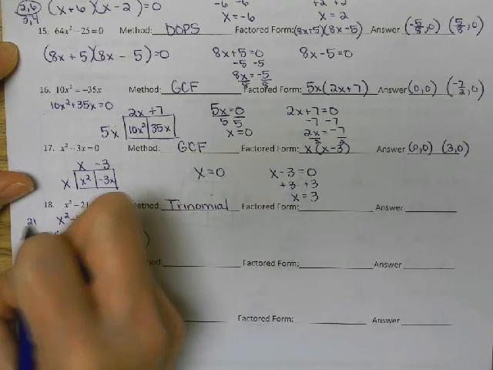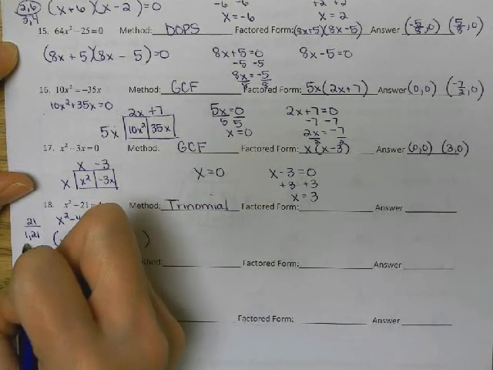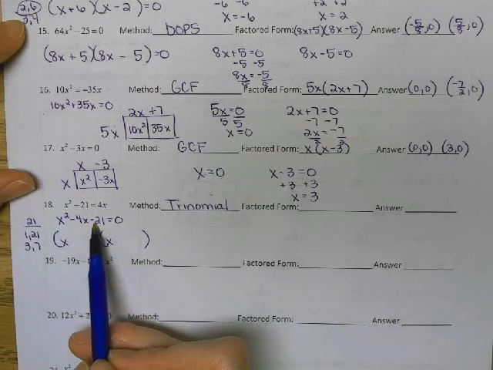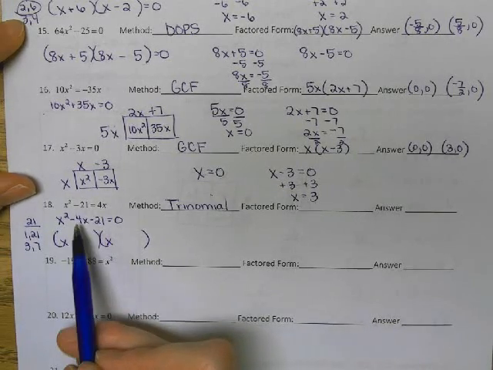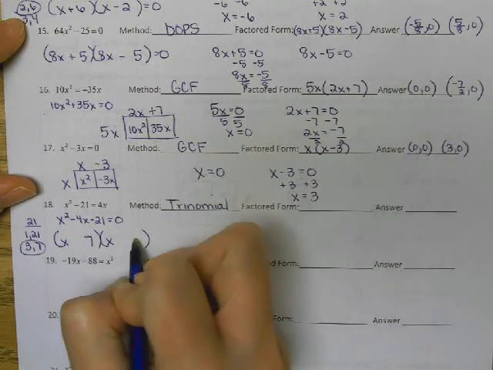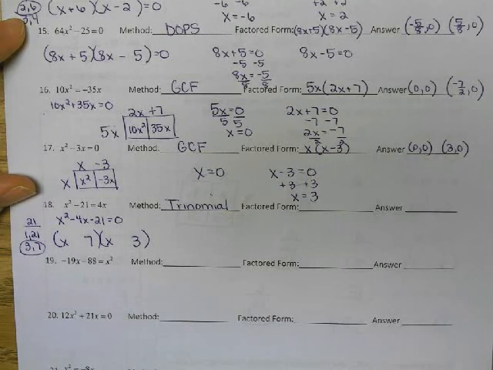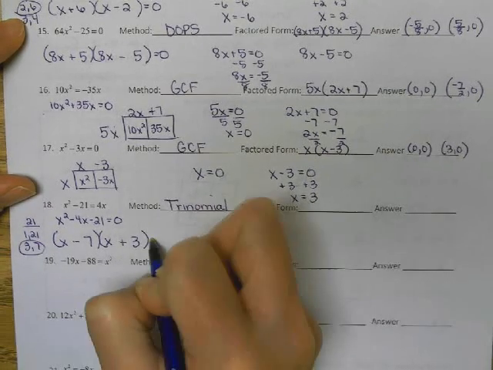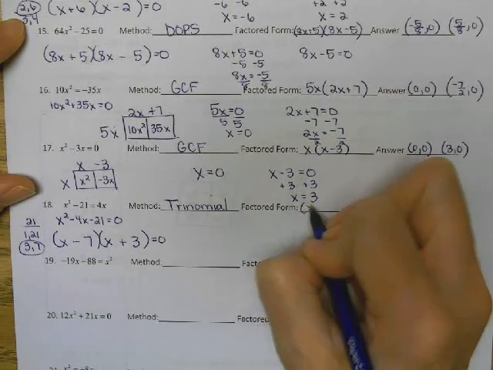So my number is 21. I'm going to write all my factors of 21. Because 21 is negative, I'm looking for the 2 that subtract to give me 4. So 7 and 3. I need them to subtract to give me a negative 4. So 7 is going to be negative and 3 is going to be positive.